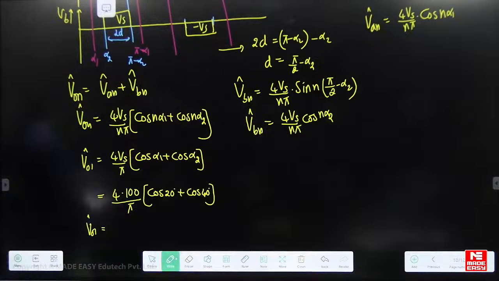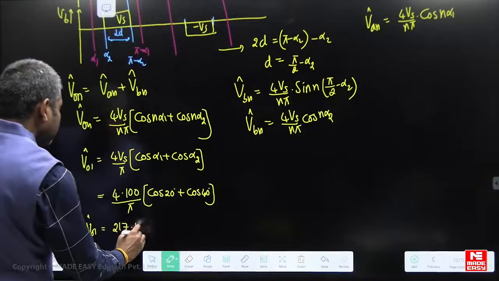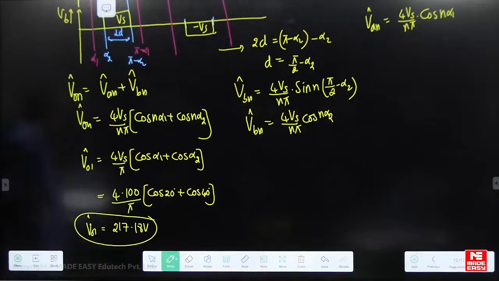You will get 217.18 volts. That is what you will get.